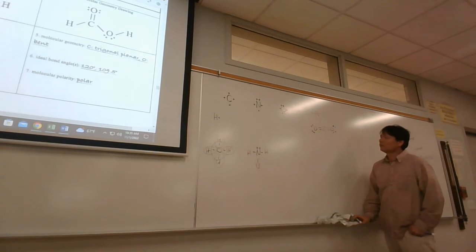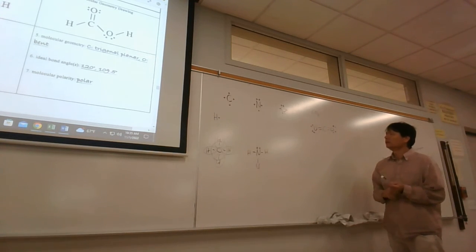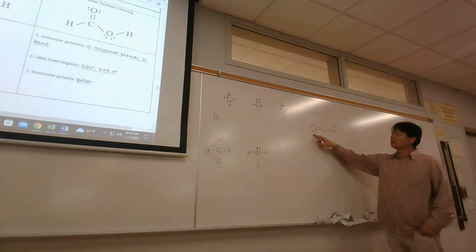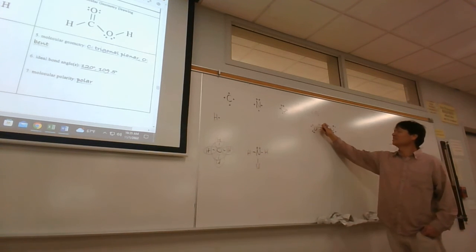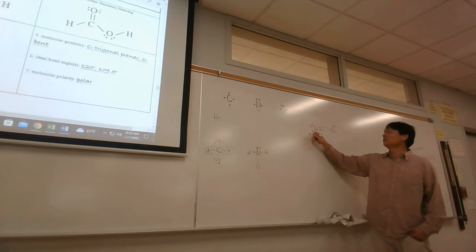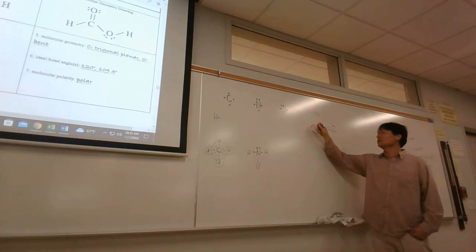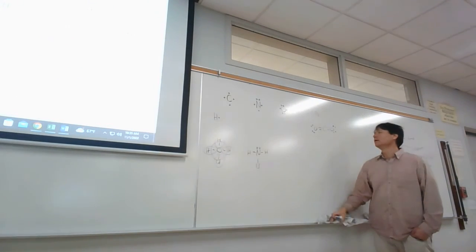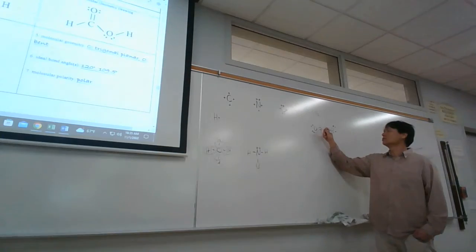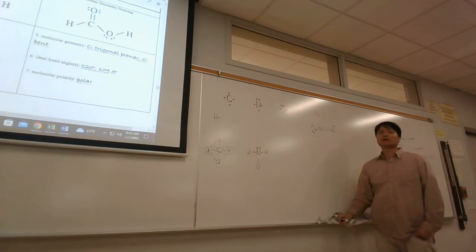Okay, let's take a look at the formal charges here. Do you see the formal charges? What we do for formal charge is we split the bonding electrons in half, and then the lone pair electrons belong solely to the oxygen. And so the oxygen is going to have 1, 2, 3, 4 that belong entirely to it, and then we're sharing. And so we're going to share 5, 6.